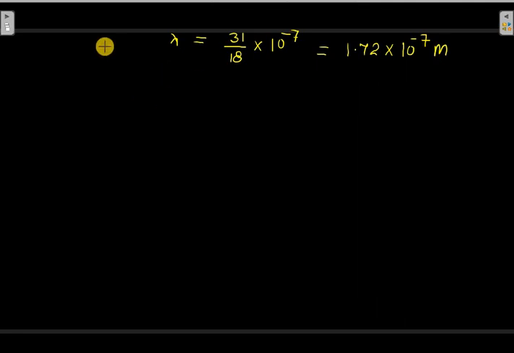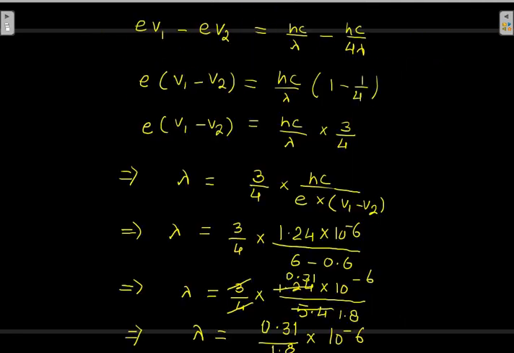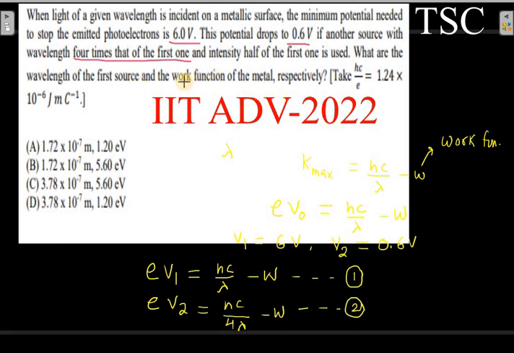Now in the question it is asked what is the work function of the metal. If we multiply the equation 2 by 4, we can write 4 into eV2 will be equal to hc upon lambda minus 4W.